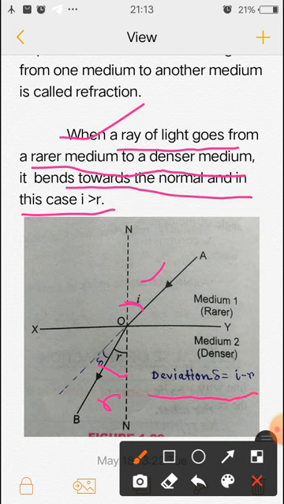This is the deviation delta, as you can see from the figure. It is the angle between the actual path and the refracted path of the light.